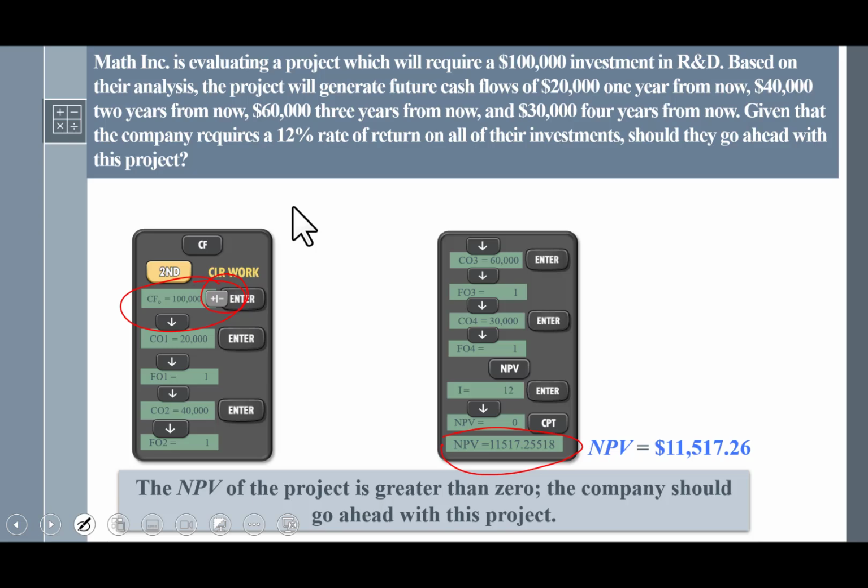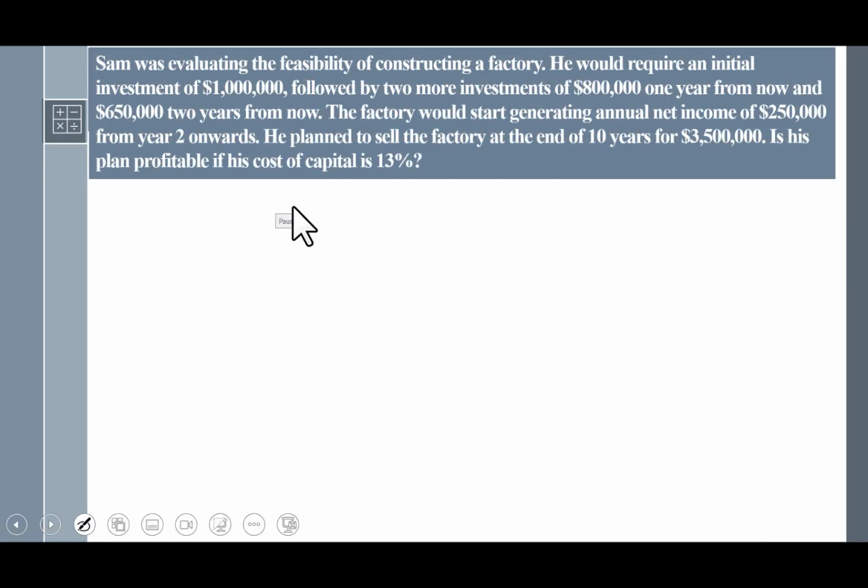Our last example, we're going to look at a very tricky or complex example. Not tricky, it's just because it has several different cash inflows. So, evaluating feasibility of constructing a factory. He would require an initial investment of 1 million, followed by 2 more investments.